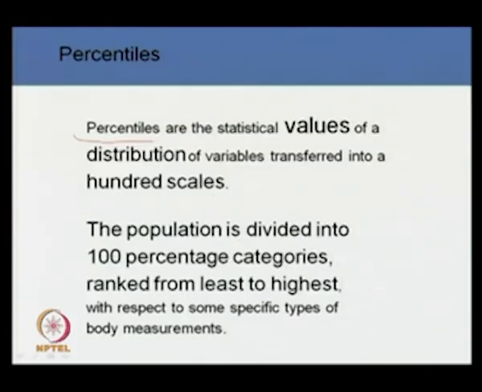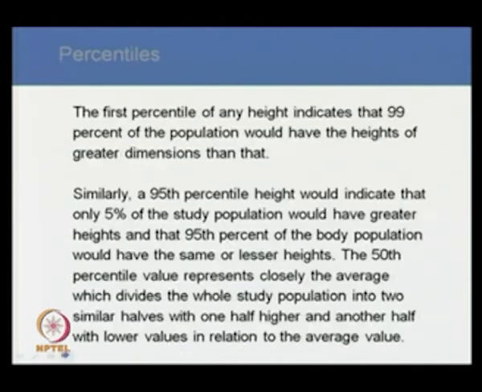The population is divided into 100 percentage categories ranked from least to highest with respect to specific body measurements. The first percentile of any height indicates that 99% of the population would have greater heights than that.